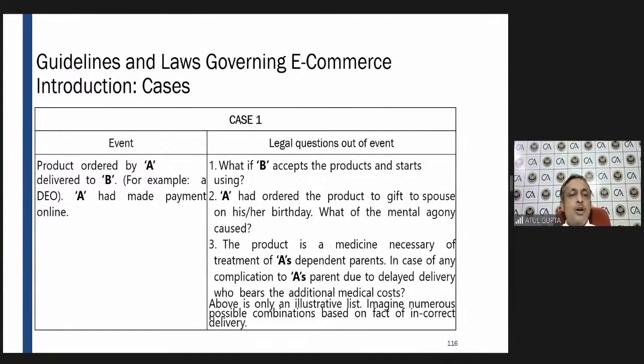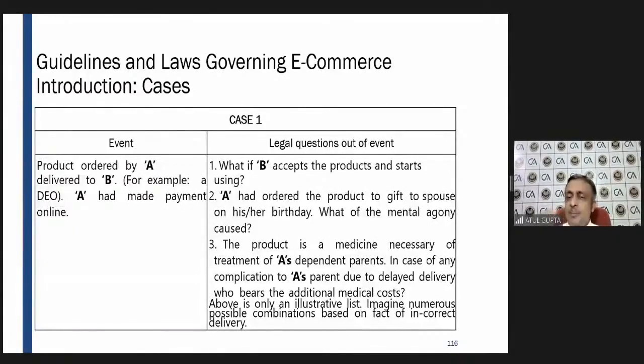Just look, a product ordered by A is delivered to B. For example, it was a DO. A had already made the payment. A DO can be used by anyone. So that is how this whole concept comes. And please understand, in cases that have been brought, there will be an issue of the Indian Contract Act, the Companies Act, and the Consumer Protection Act.